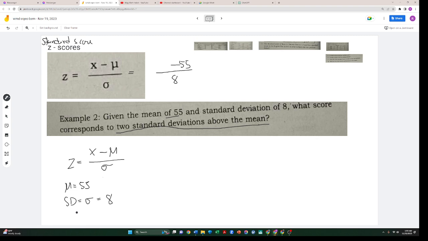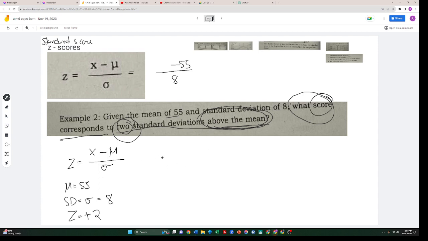The problem is asking what score corresponds to 2 standard deviations above the mean. Above the mean, so our z here is plus 2. If it were below the mean, then 2 standard deviations below the mean, the z would be negative 2. But it says 2 standard deviations above the mean, so your z is positive 2. What we are looking for is the student's actual score.